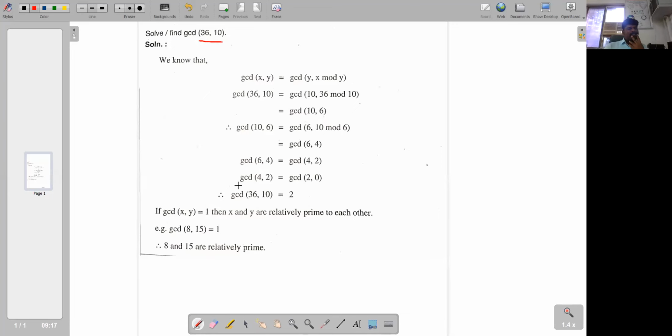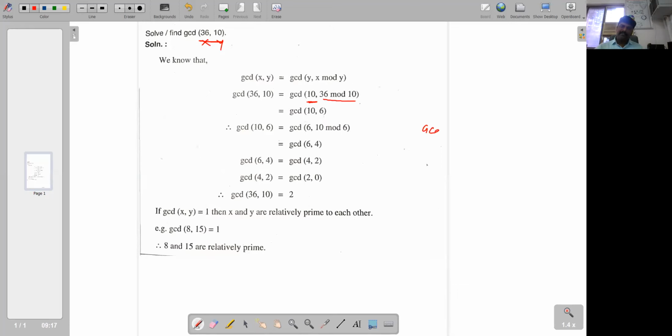Now, what we need to do is write it in such a way that GCD of y, x mod y. Suppose this is x and this is y, we take the y value first, followed by 36 mod 10.